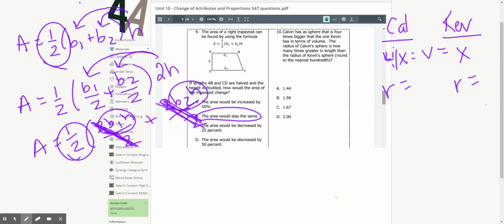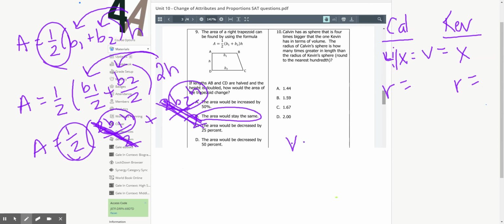So first of all, we need to look for the volume of a sphere. I think it's 4/3 pi r cubed, but let me check. 4/3 pi r cubed it is.